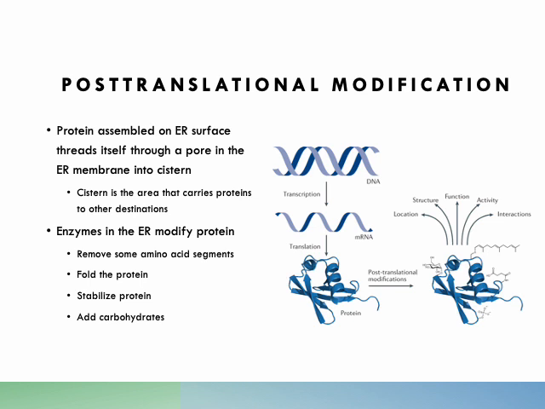It's usually completed most of the time, at least 90% of it, in the cistern of the ER, and enzymes play a really big role in finishing that process. And this is called post-translational modification because it happens after the translation process.